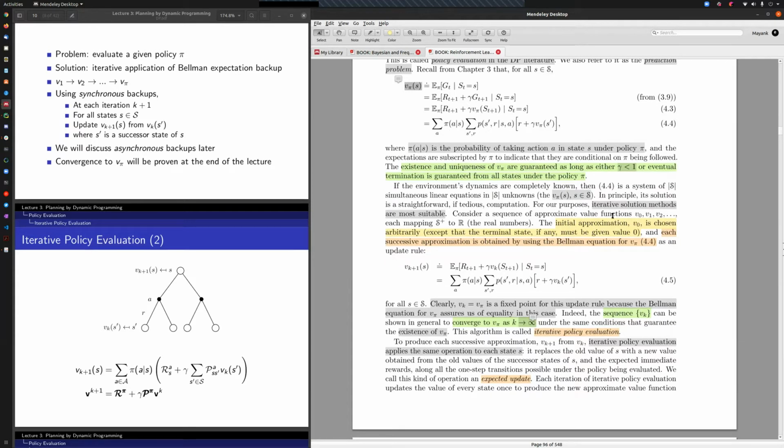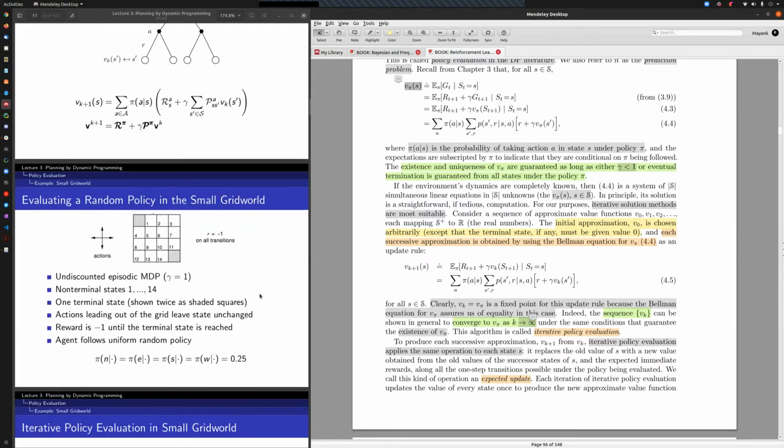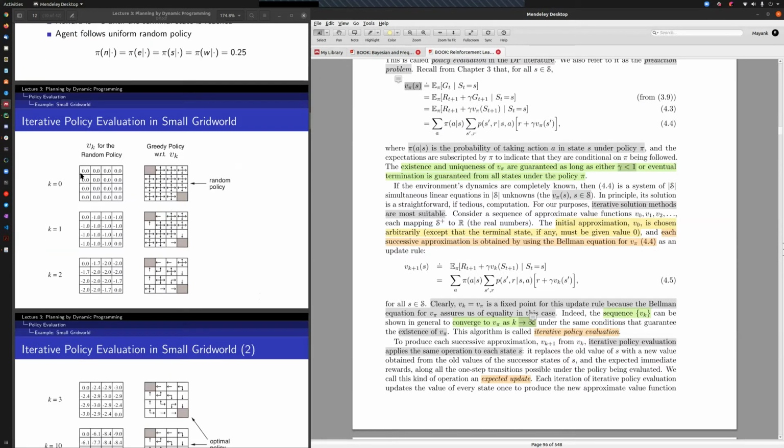But here, the initial approximation, if I can show you. So here, if this is the example which they are referring to, the initial approximation v0 is chosen as a sequence of zeros.